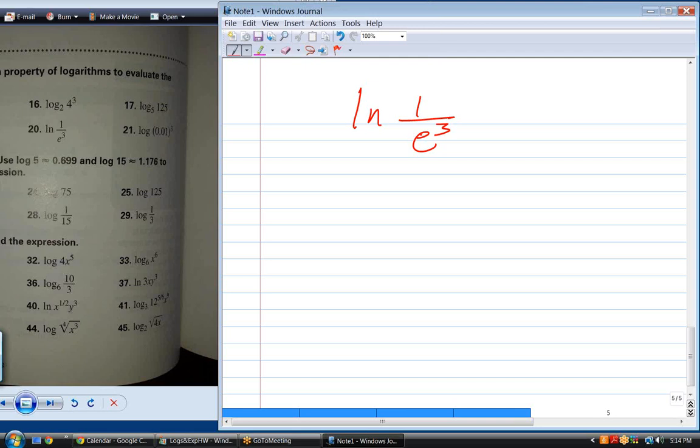Would you first have to set this equal to 0, or could you just solve it like this? No, the best way to do this is to put it like this. You see that those are the same. E to the -3 is the same as 1 over e cubed. Oh, okay. Once I've got it like this, what's that equal to? -3. Okay.